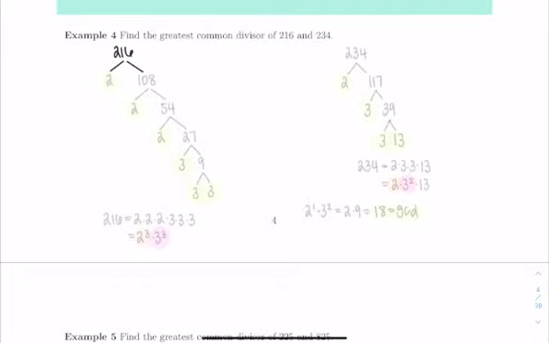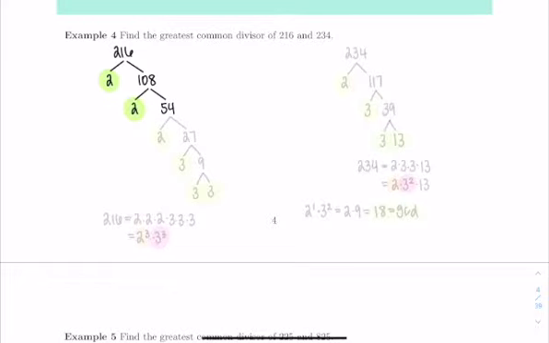So 216 can be broken apart as 2 and 108. We got 2, that's prime. 108 can be broken down. That's 2 and 54.